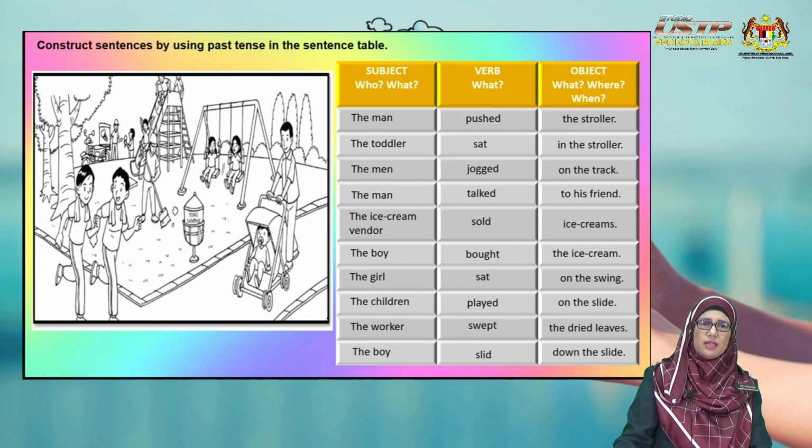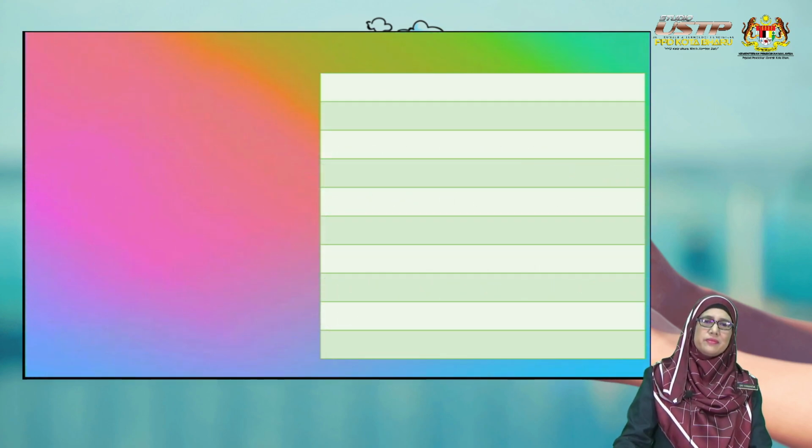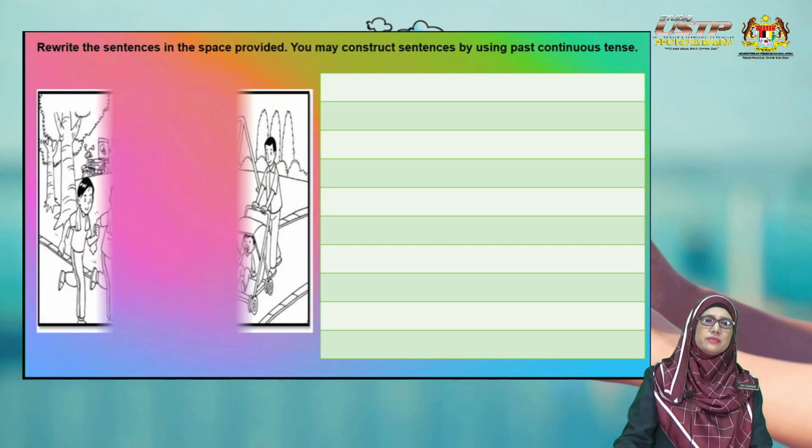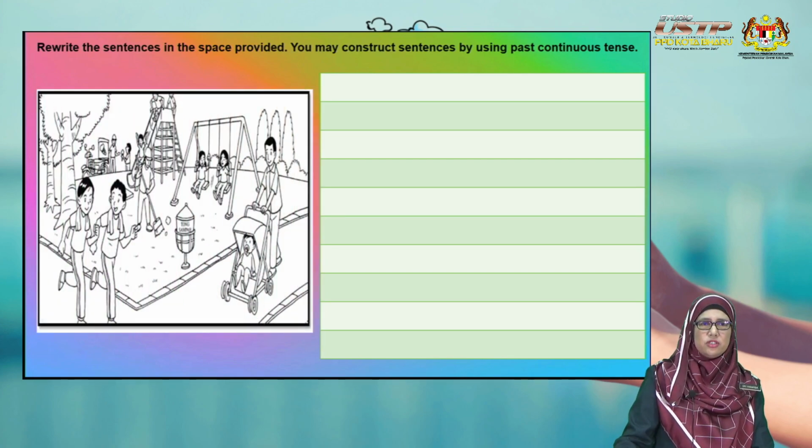And after that, we can move on to past continuous tense. Still using the same picture, the teacher will ask the pupils to rewrite the sentences in the space provided, and they will construct sentences by using past continuous tense.